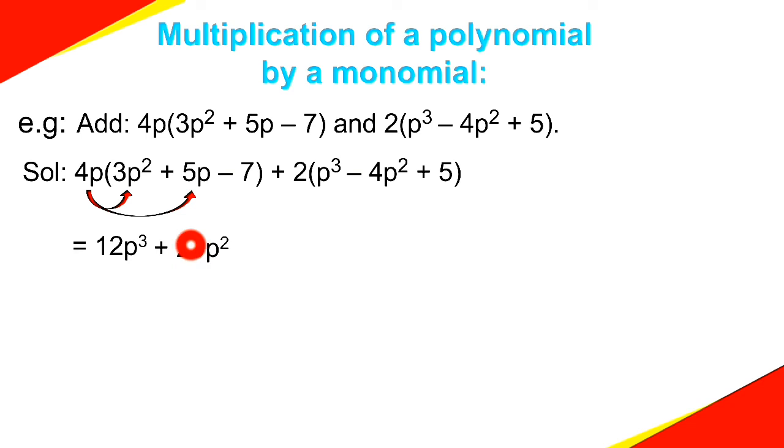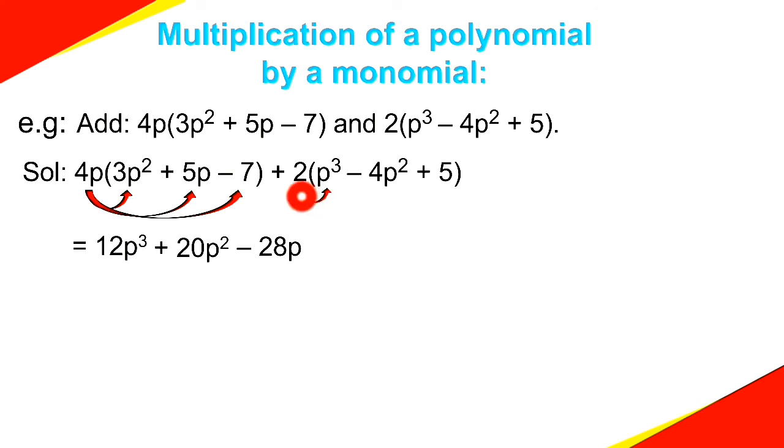Right, 20, p power 1, p power 1, so p power 1 plus 1, p power 2. Next one is 4p into minus 7. First multiply the constant terms. What can we get? Minus 28p.